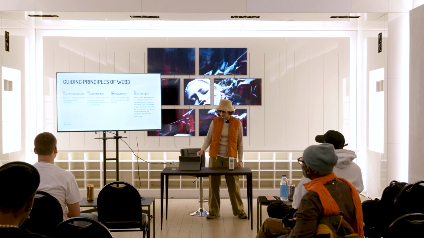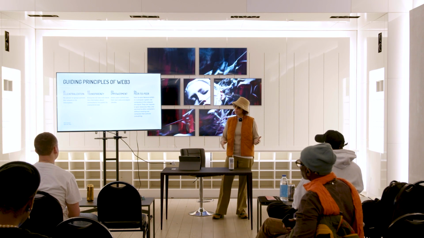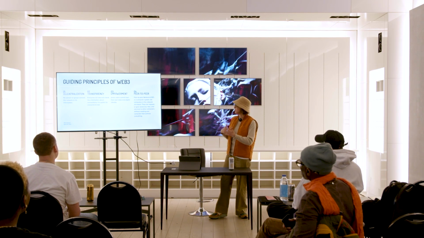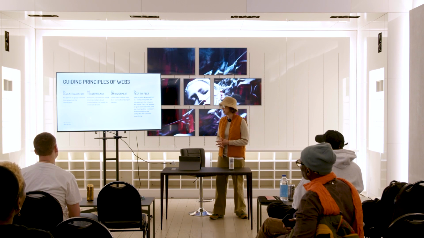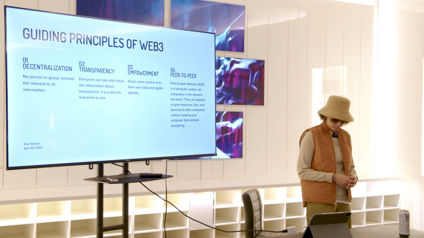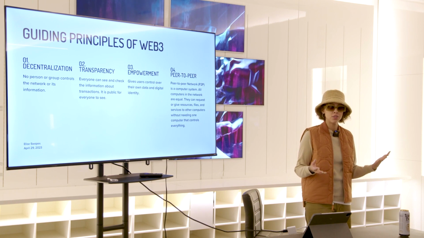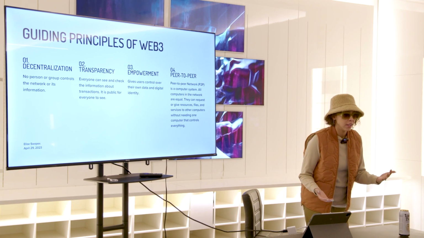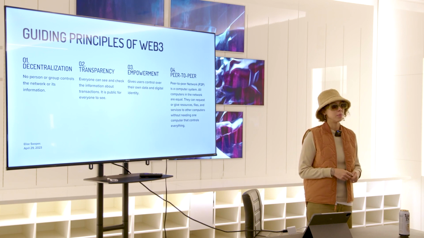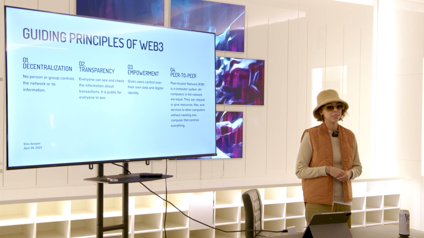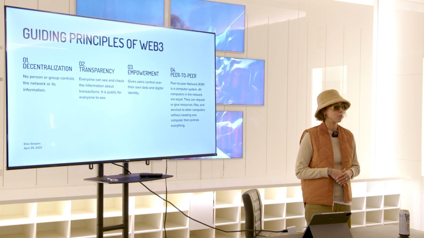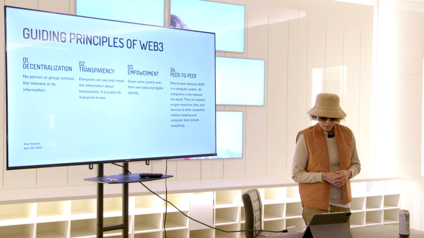So the guiding principles of Web3, which we are going to be feeling in the quilt making, is decentralization. So no person or group controls the network of information. In essence, no person or group here is going to say, okay, your piece of the square can't be in my quilt. No, all the pieces of the square are about to be in the quilt, all right?